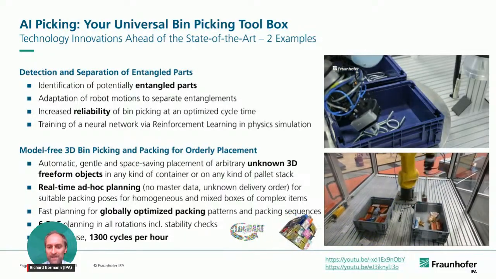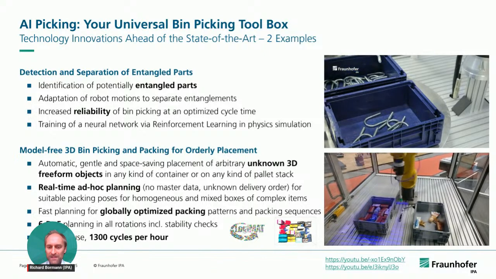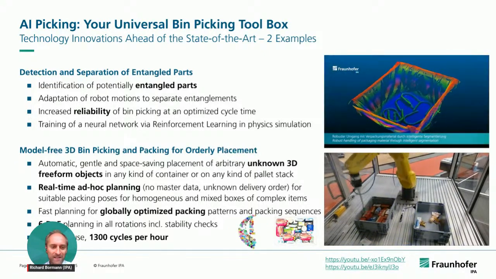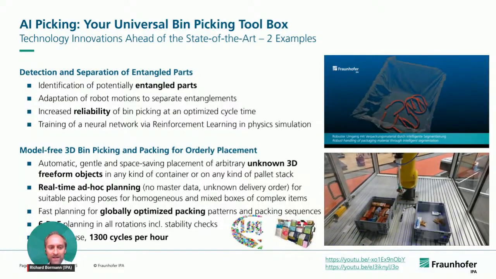And all of this happens on the fly, ad hoc, within 50 milliseconds. So we don't know what comes to the system, but in 50 milliseconds, we decide where to put it in a target box, and get a nice and dense arrangement of the parts.